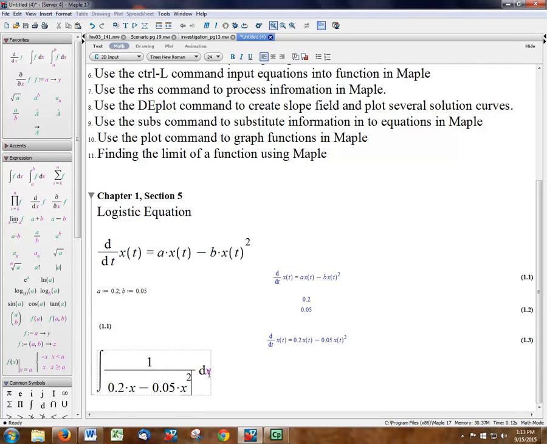And that's what we'll get on one side. And then the other side is just going to be an integral of dt. Let's put that in there, and then I'm just going to add my integration constant.